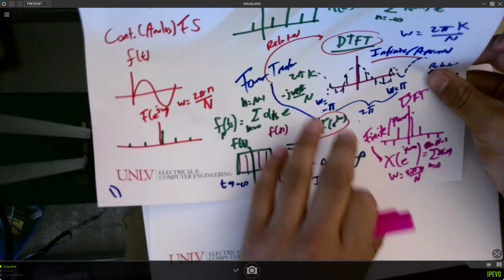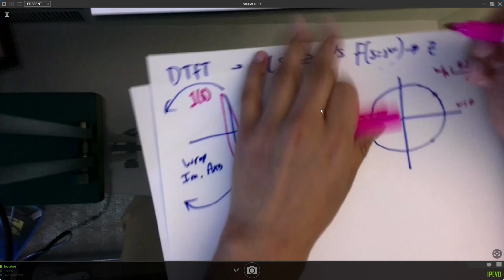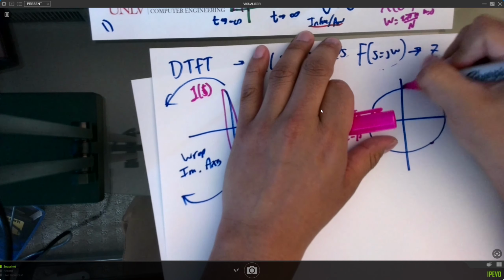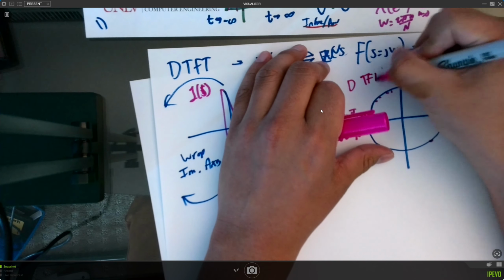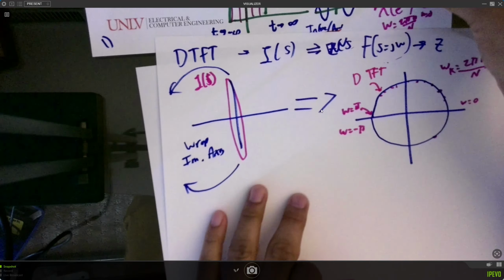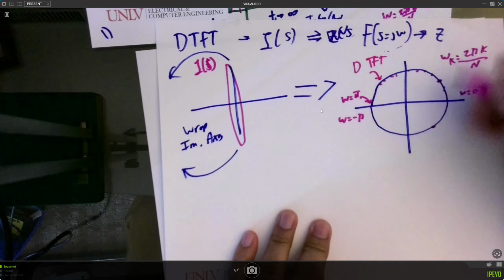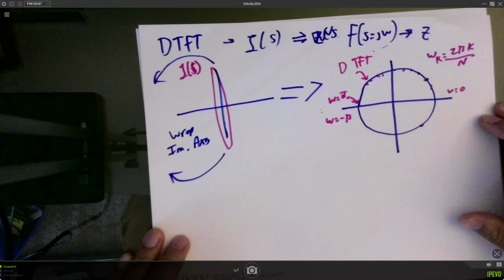So basically this discrete time Fourier transform maps like this. If you wanted to draw a whole bunch of points, you get the DTFT, which are these mini points if you wanted to wrap it around, and they would go around in circles. So that's the relationship I wanted to go through.